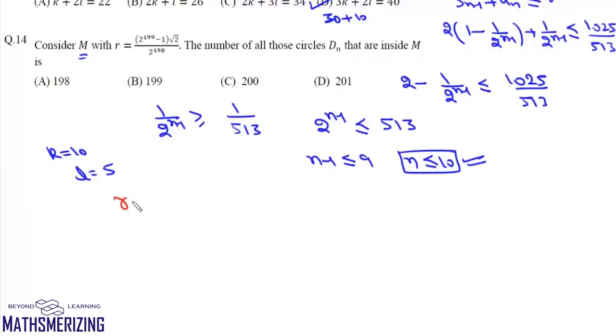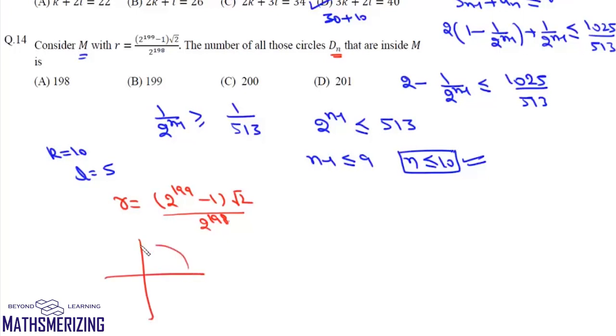Now for the second question, we have this M with radius 2 to the power 199 minus 1 root 2 upon 2 to the power 198, and the number of all those circles Dn that are inside M. Now we have this circle M, and these circles lie along this line x equals y.